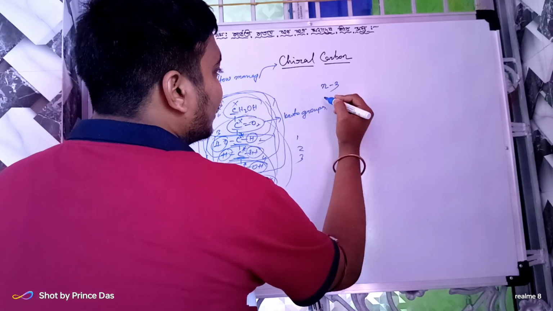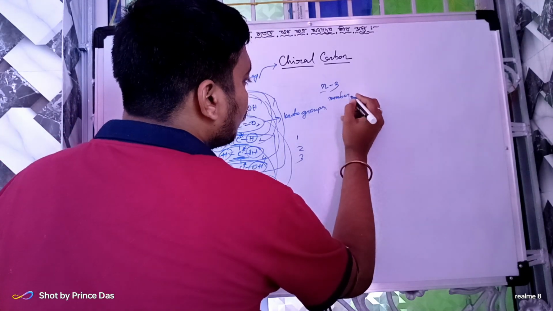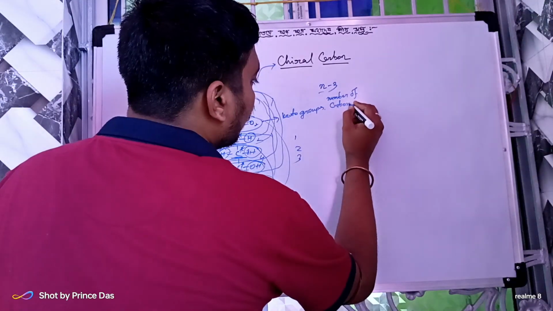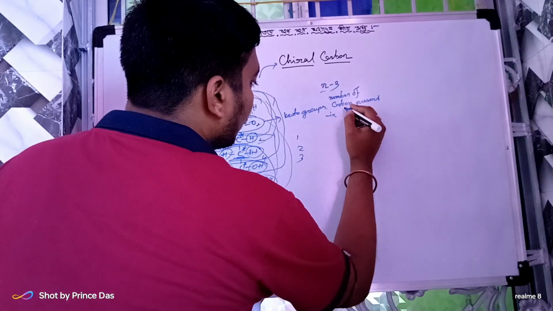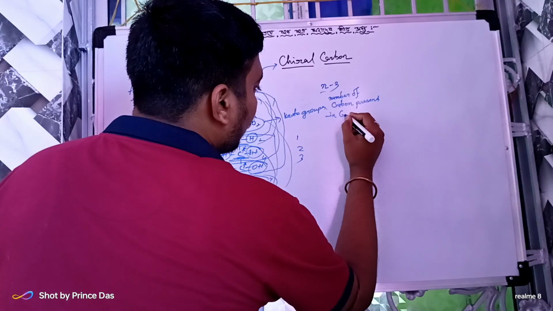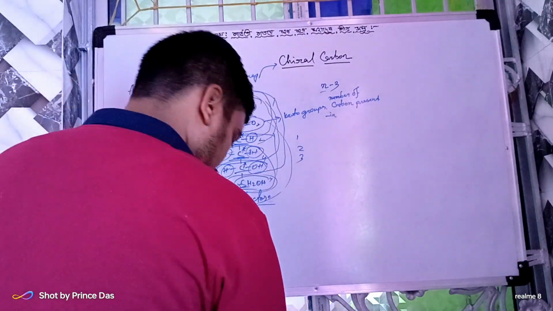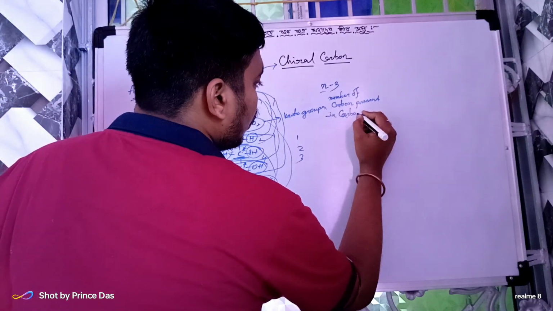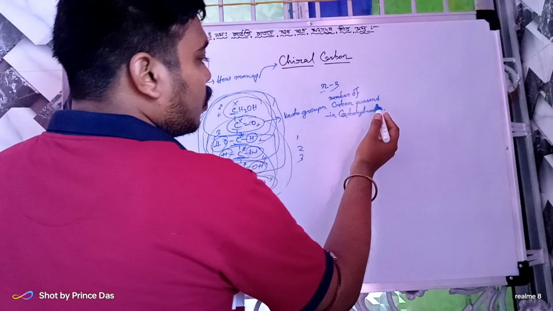So for keto, we have another formula: N minus 3. Here also N is the number of carbons present in a carbohydrate.